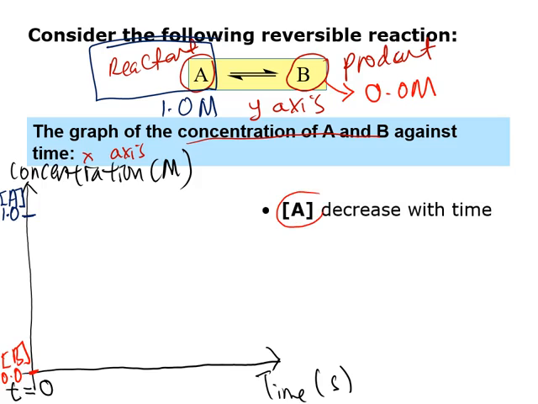The concentration of A will decrease with time. Kenapa concentration of A decrease? Because A forms B. So, dia akan bergerak ke bawah daripada 1.0. Manakala concentration of B will increase with time because B will form. B is the product. Betul?